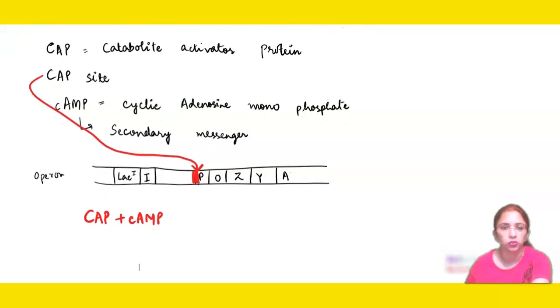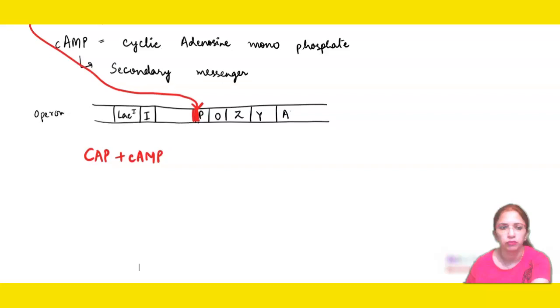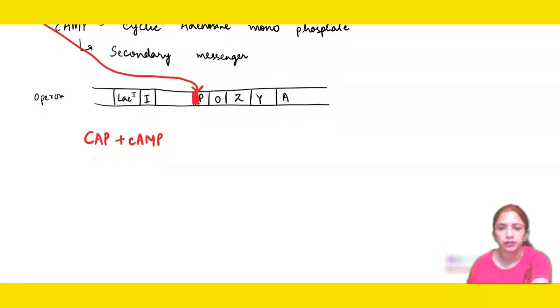So we will discuss two cases here, by which it will be clearer to you. The first case is if glucose is present and lactose is also present. In the lac operon, we have already studied that glucose is the most preferred source for bacteria to grow, because it is the simplest and can be utilized easily by bacteria. So lactose will not be taken in if glucose is present. How is it done?